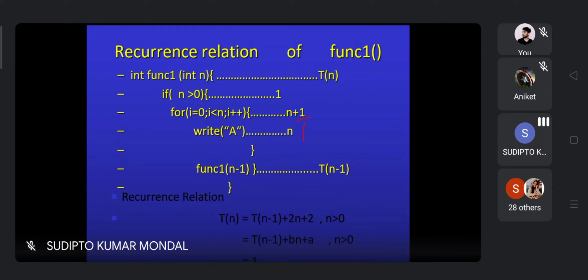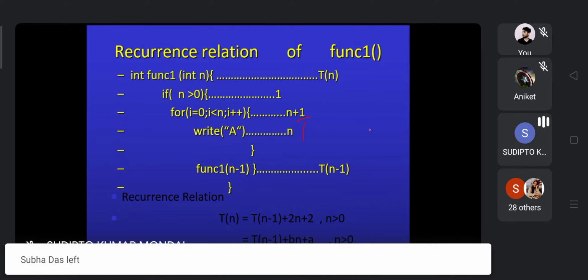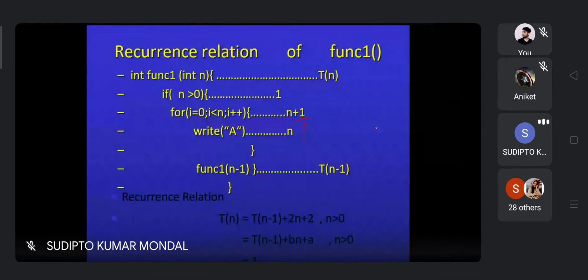Fine. Now these recurrence relations, we have to frame first, either from a function or from a problem statement, and then we have to solve them.